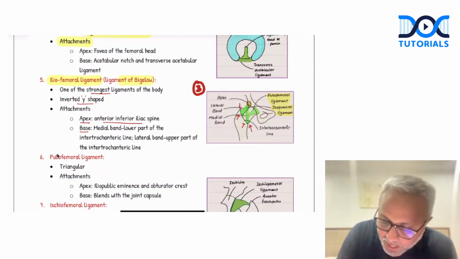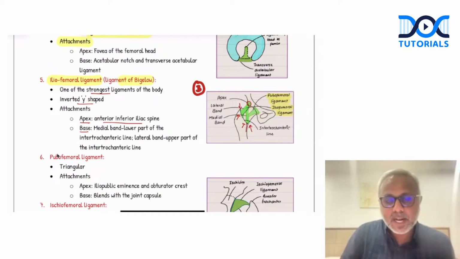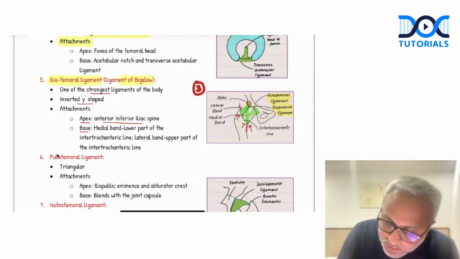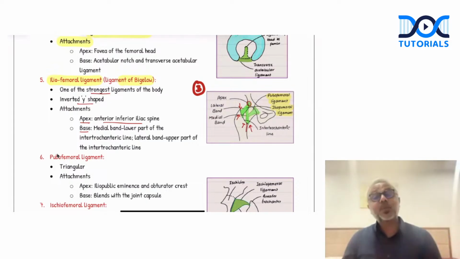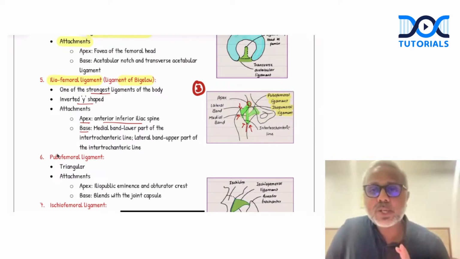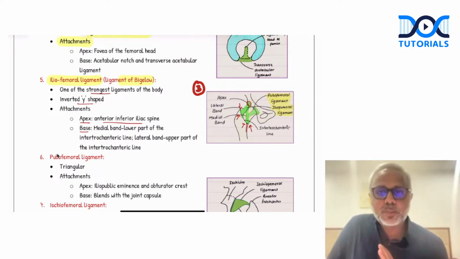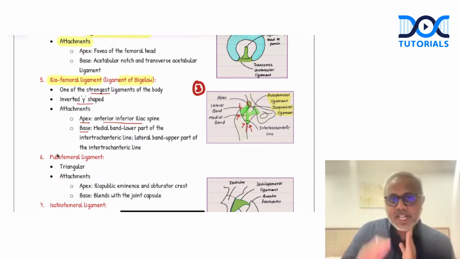The medial band is attached to the lower part of the intertrochanteric line. The lateral band is attached to the upper part of intertrochanteric line. So if you remember intertrochanteric line, you can mention these two. Are we clear? Done. So this is regarding the iliofemoral ligament.